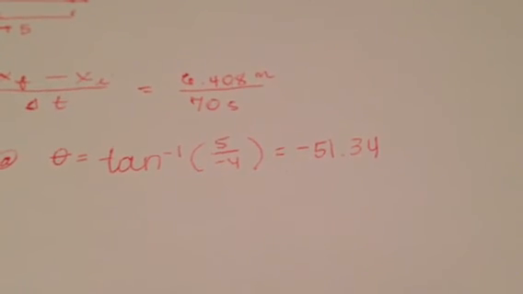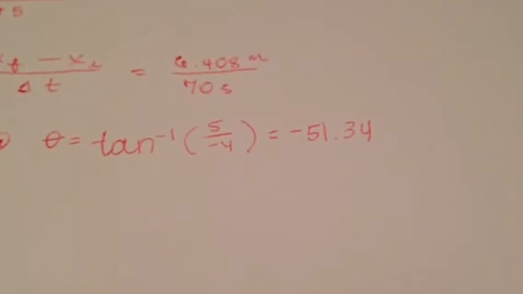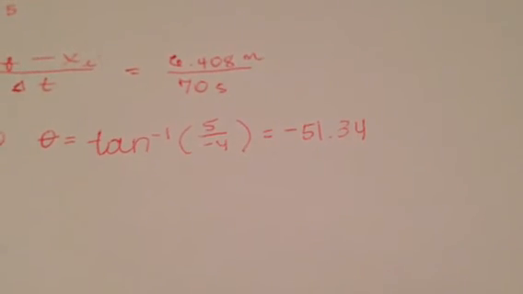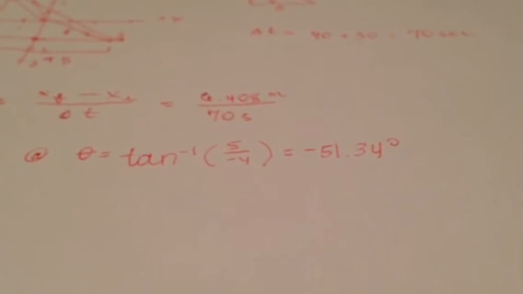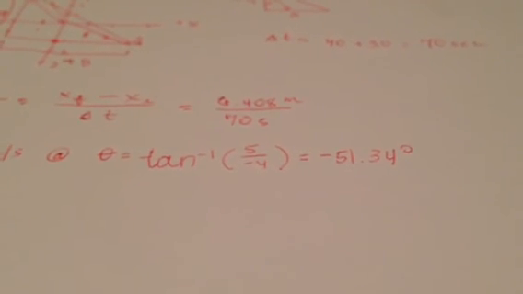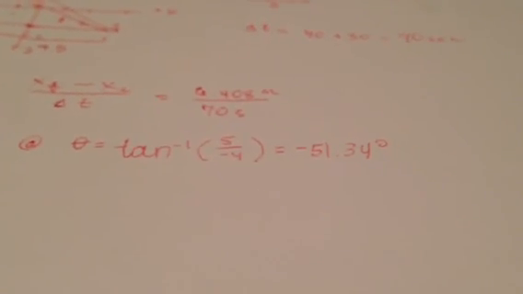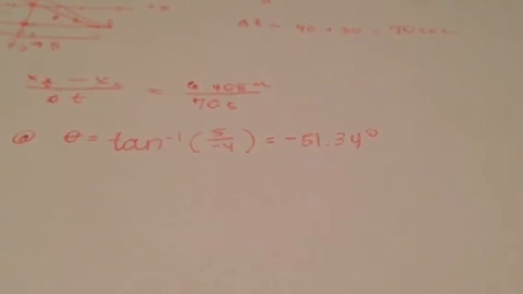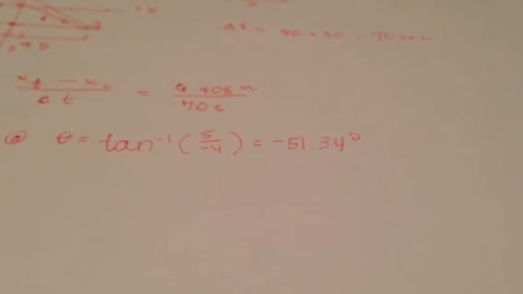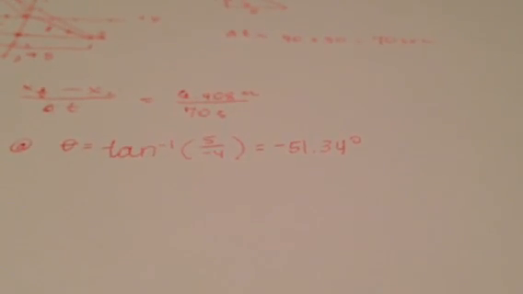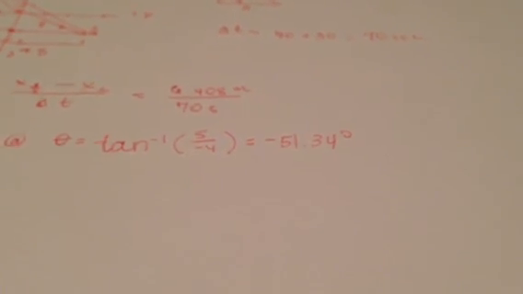So the inverse tangent of opposite over adjacent is -51.34, and that's in degrees. That means that if we relocated the origin to the starting point at 0, 0, it would be -51.34 degrees below the positive x hat direction.